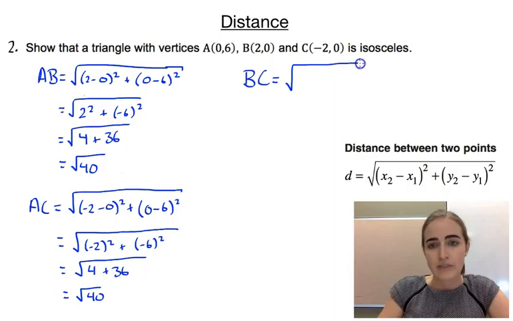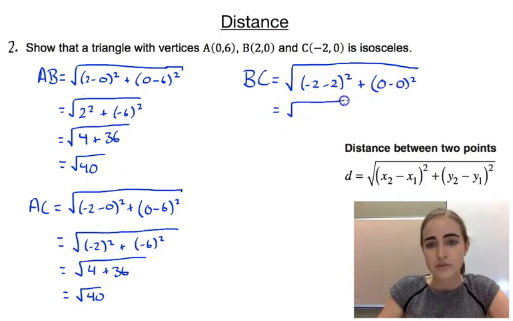So BC, we're going to have the square root of minus 2 minus 2 squared, and then plus 0 minus 0 squared. So minus 2 minus 2 is minus 4 squared plus 0 squared, which would give us the square root of 16, which is just 4.